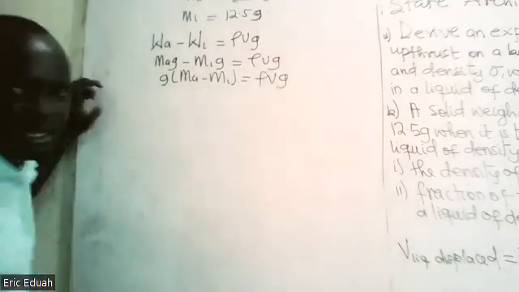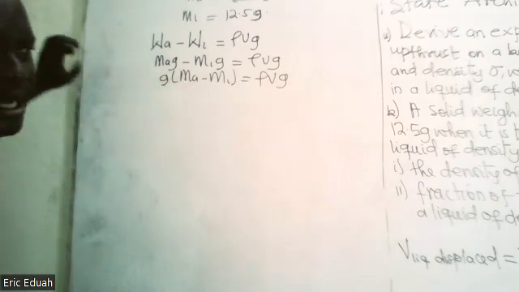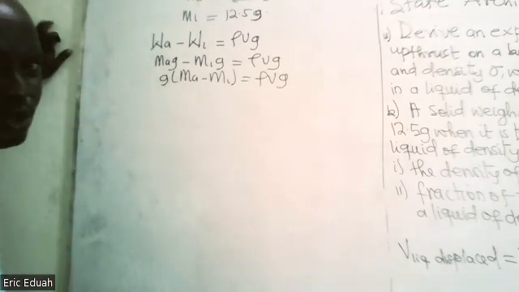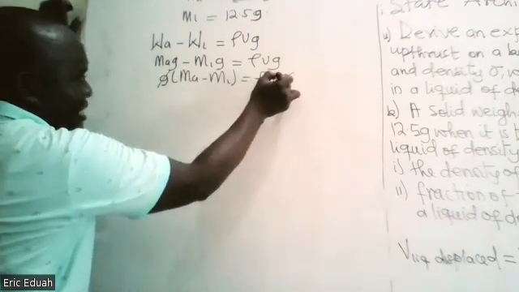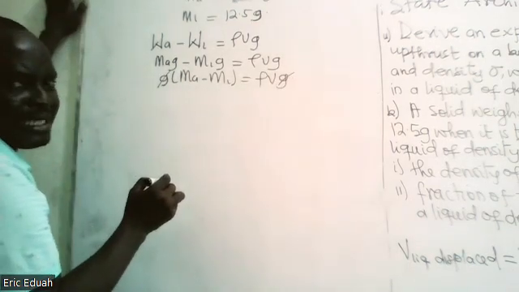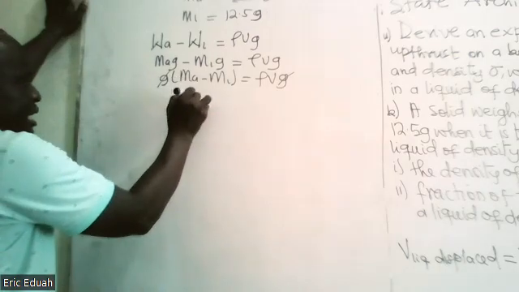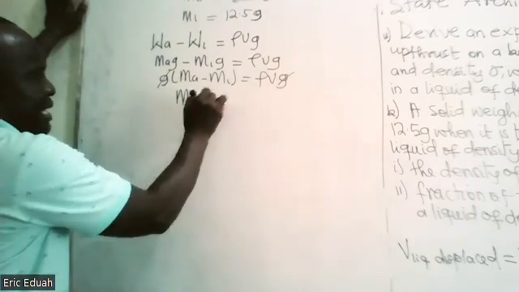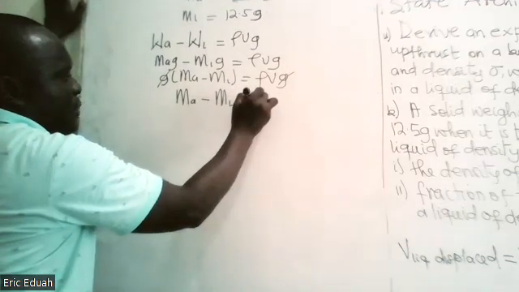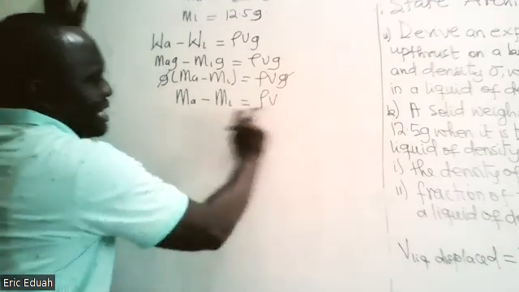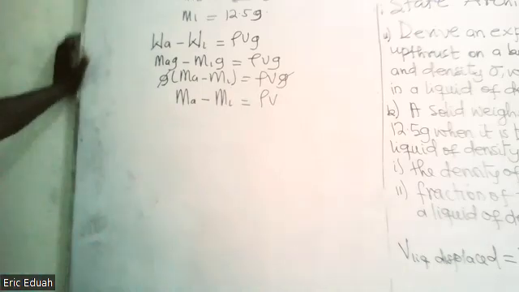Then what happened from here? We divided through by g. Then we have mass in air minus mass in fluid or liquid is equal to rho V, which is the mass of liquid displaced.